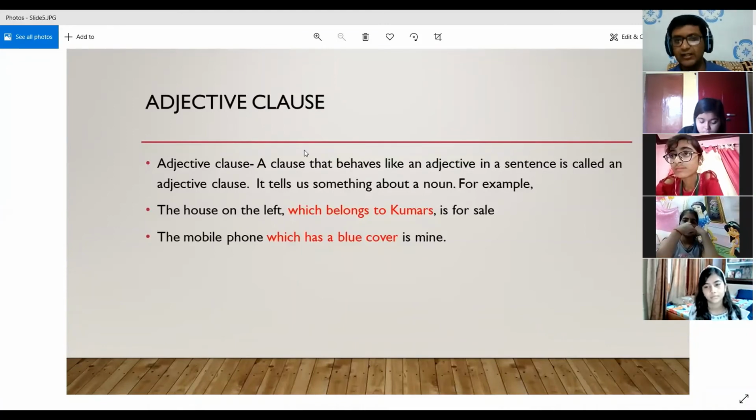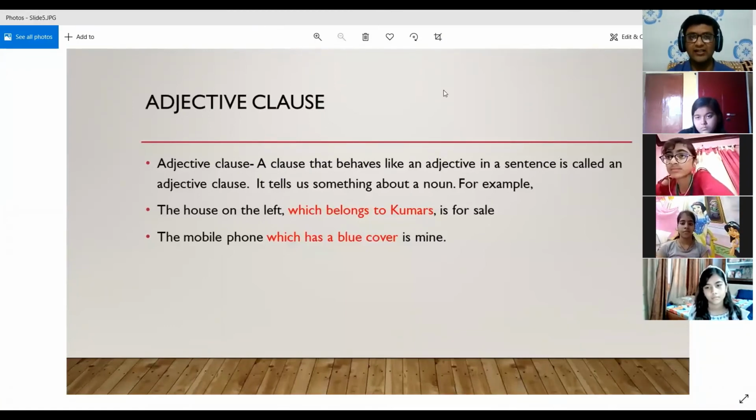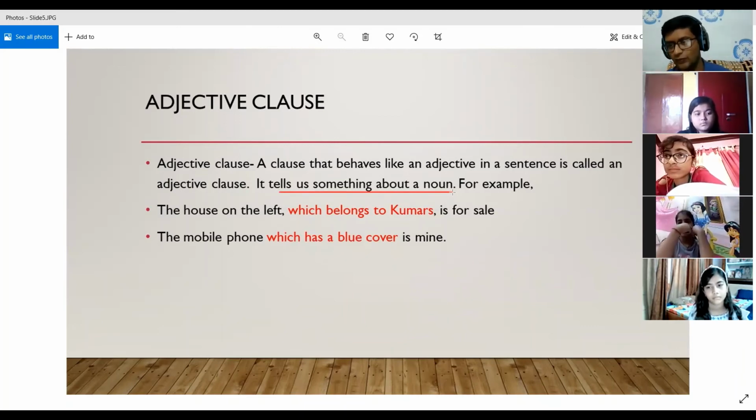So the process is entirely the same. And the purpose of it is, it tells us something about the noun. This is exactly the purpose of an adjective, that it tells us something extra about a noun or a pronoun that is present. So over here also, they will perform the same function that was being performed by adjective phrases.